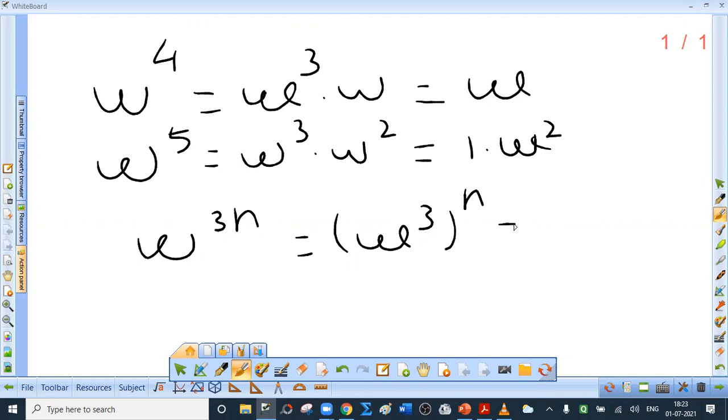But note that omega cube is 1. 1 raised to n is nothing but 1. Okay. So this is information or results which we can obtain from cube roots of unity.